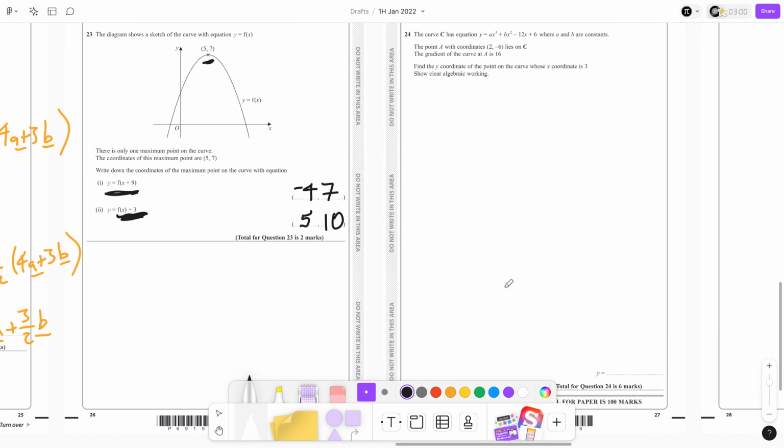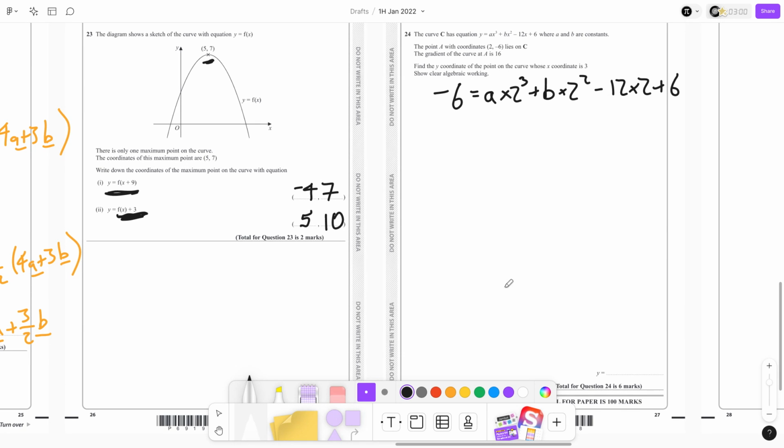Okay, final question. Curve C with this equation, where A and B are constants, and point A with these coordinates lies on C. So let's use that bit of information. Then we need to use the gradient bit of information. So we know that -6, the y value, equals A times 2 cubed plus B times 2 squared minus 12 times 2 plus 6.